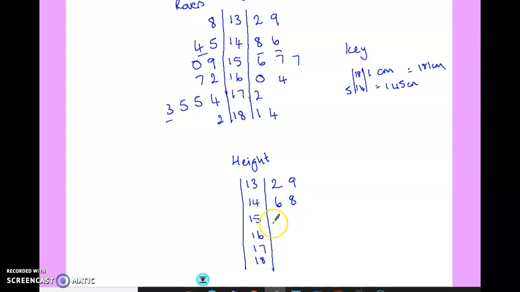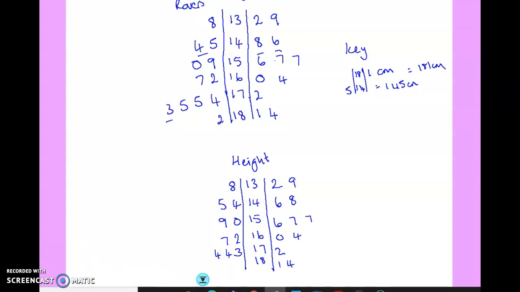It needs to be a 6 and an 8. 6, 7, 7 for that one. 0, 4, 2, 1, 4 on the other side. 8, 4, 5, 0, 9, 2, 7, 3, 4.